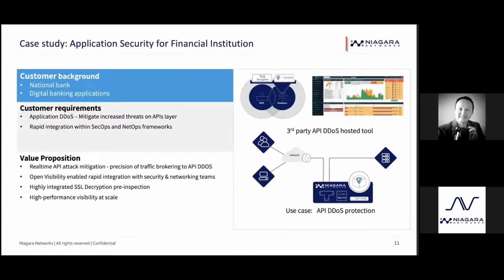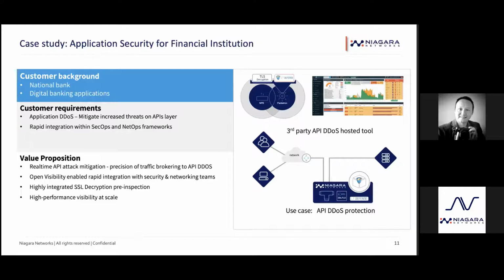And by doing so, we have one single application, one single deployment, but also assure that unencrypted traffic never leaves the system, especially in a company like a bank, a financial institution. You don't want to have any unencrypted traffic outside your packet broker.